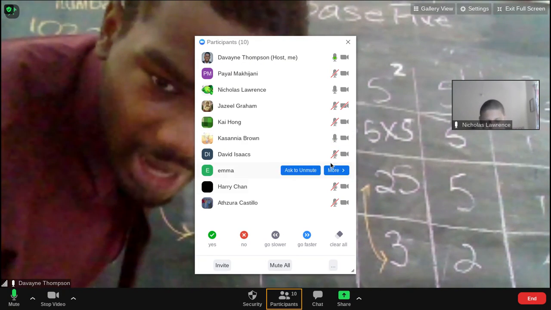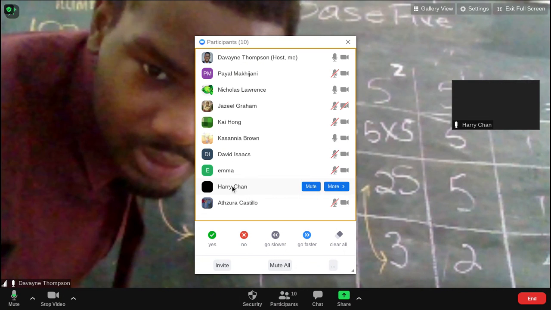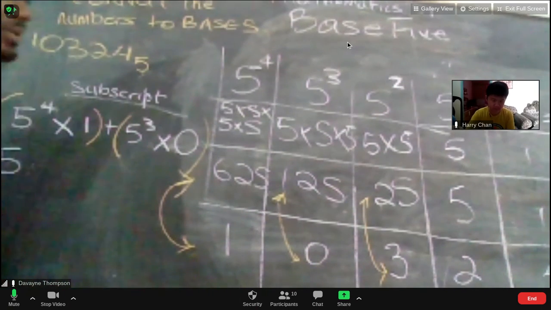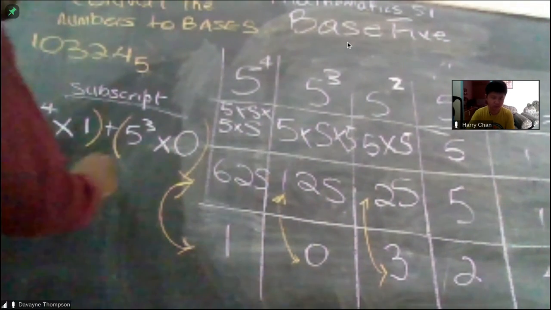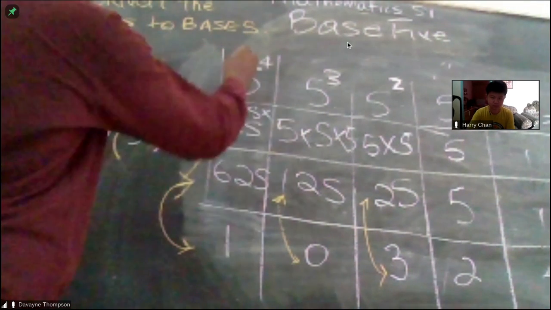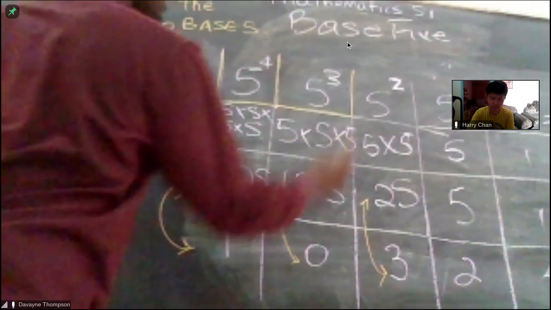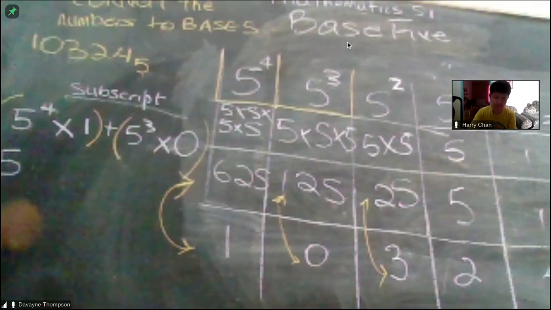How about Harry? Harry, are you there? Yes, sir. Alright, now help us out, Harry. We've done the first 2 rows. We've done 5 to the 4. We've done 5 to the 3. What would I put next?